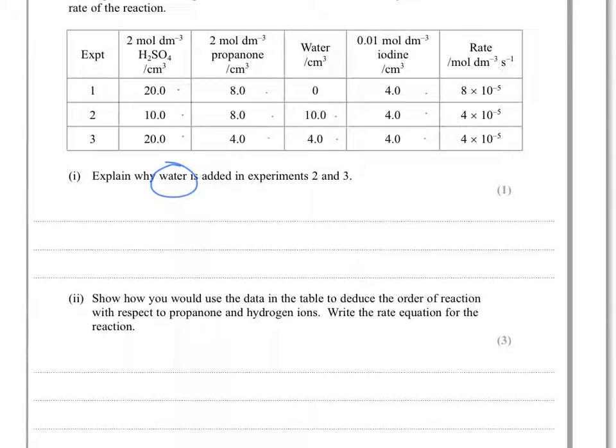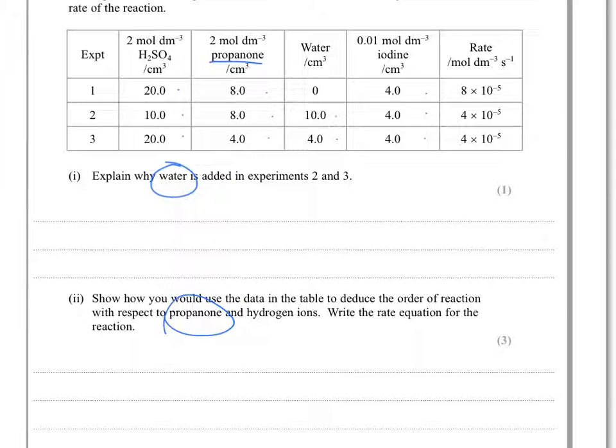Using the data to work out the order of reaction with respect to propanone and hydrogen ions, first of all looking at propanone. If we want to know the order with respect to propanone, everything else must be kept constant and only the propanone must change. That means that we need to look between experiments 1 and 3.